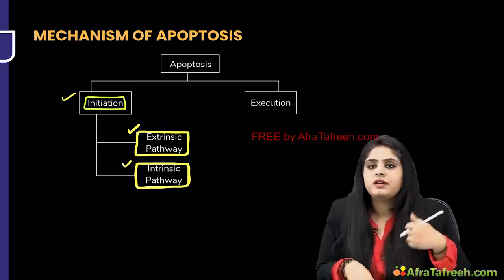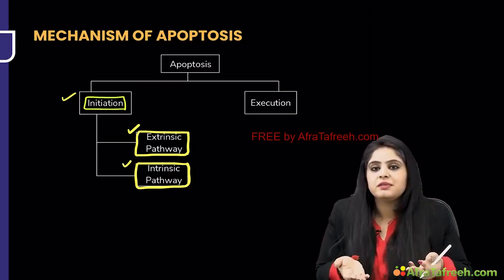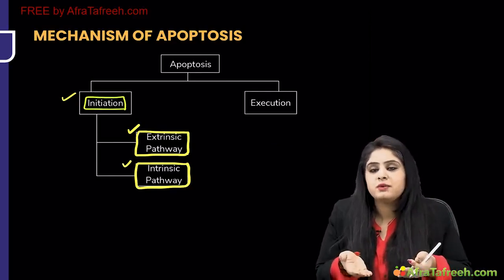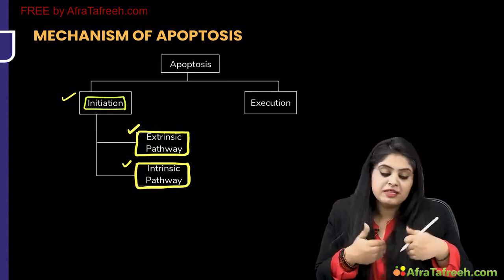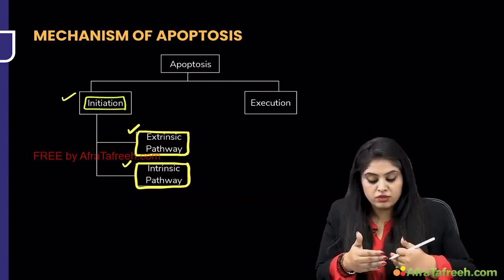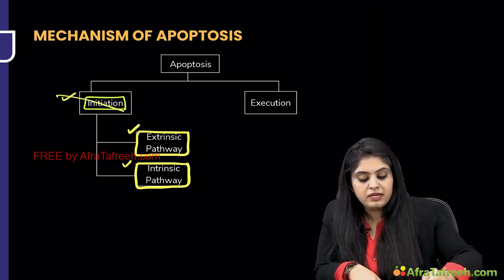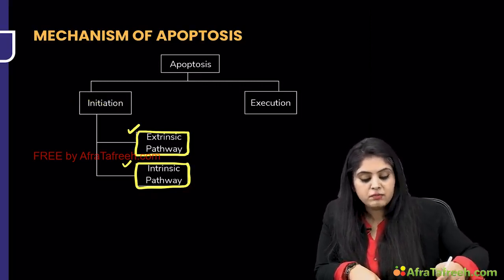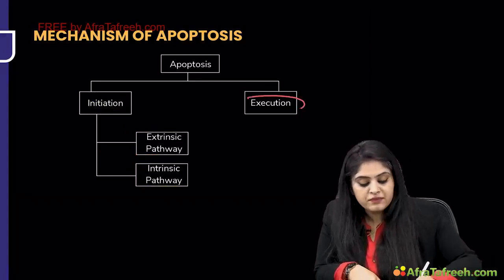Then there is also an element of guilt inside you that I haven't studied in a week. It's high time that I start studying. I wasted too much time watching social media reels. So there is an inside motivation also. Same for apoptosis. There's an outside motivation and there's an inside motivation. So let's start one by one. Once the initiation part is done, automatically your body will take you towards the execution.